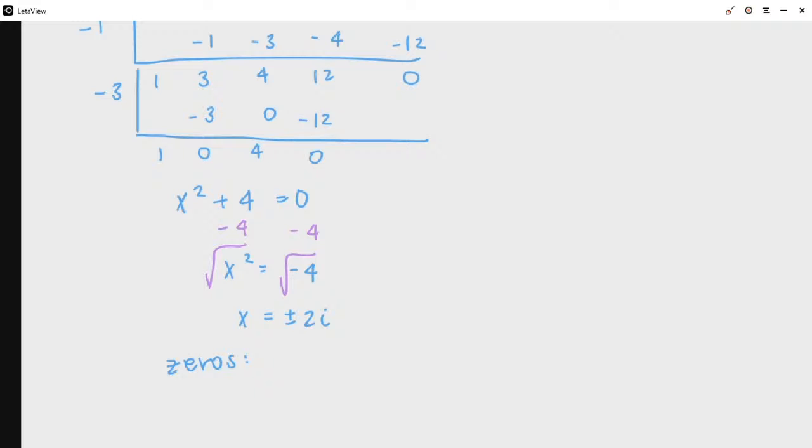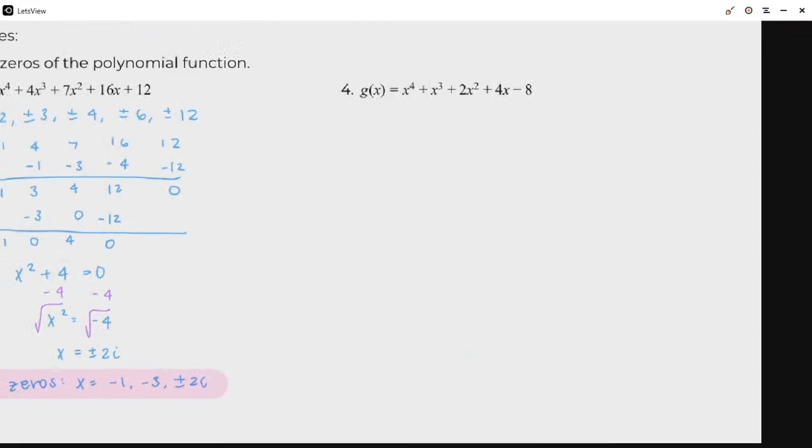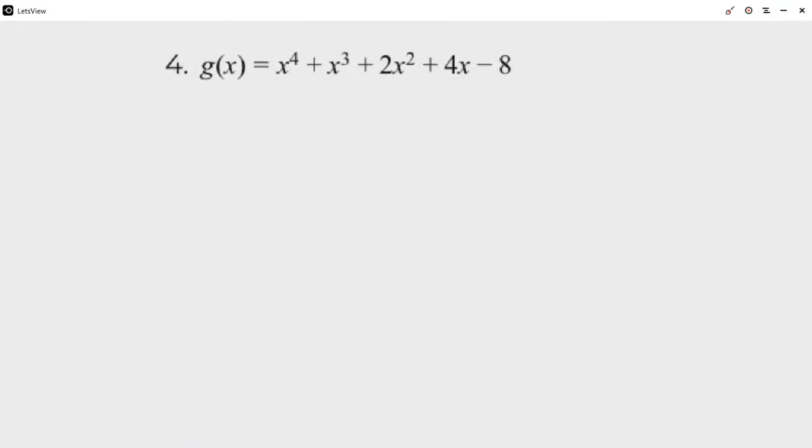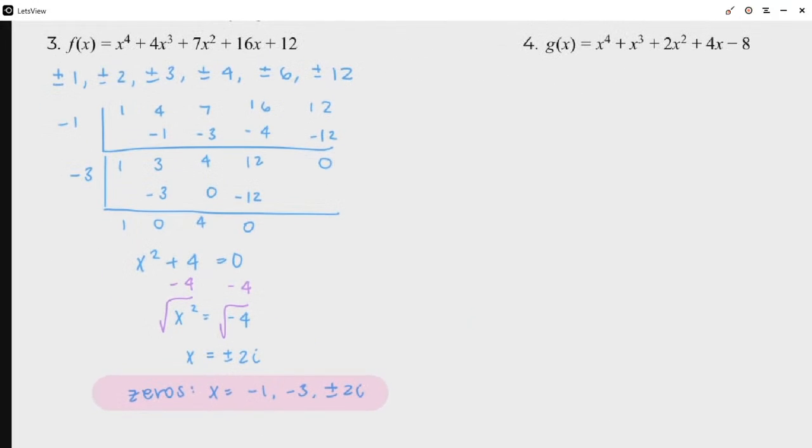Okay, well, either way, x equals -1, -3, and plus minus 2i. Okay, next one. Oh, and since there are 4 different zeros here, if we check our degree, it's 4, so we have 4 zeros.